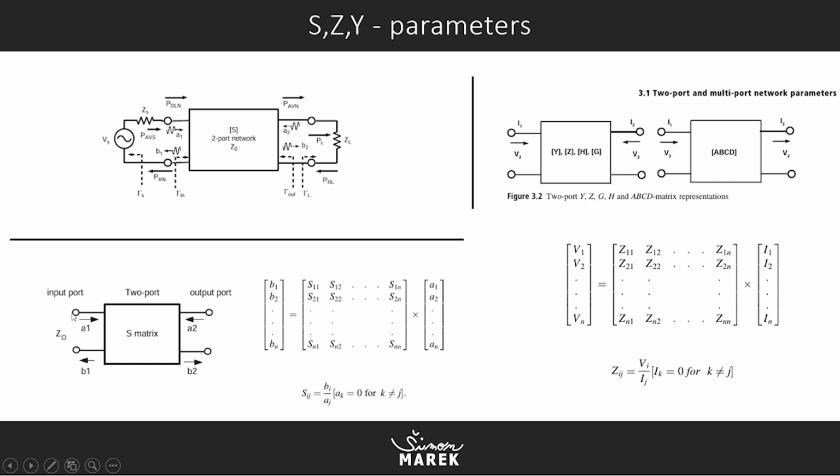So this is S1, and this is S2, and we will basically probe the input against output to get the gain of our amplifier, but by measuring these S11 parameters, which is these two, we can also get the reflection of the amplifier.